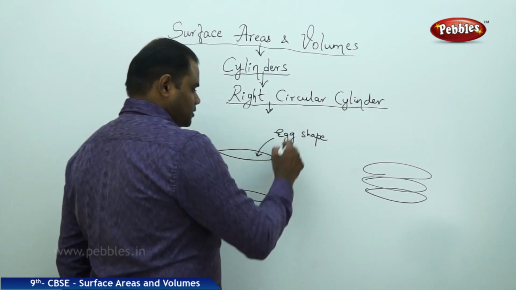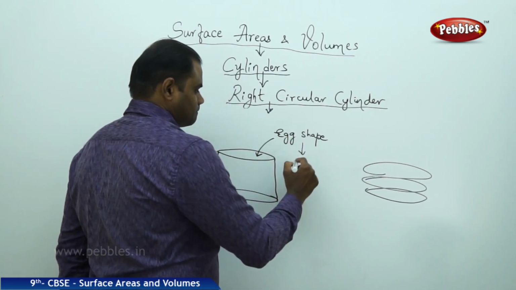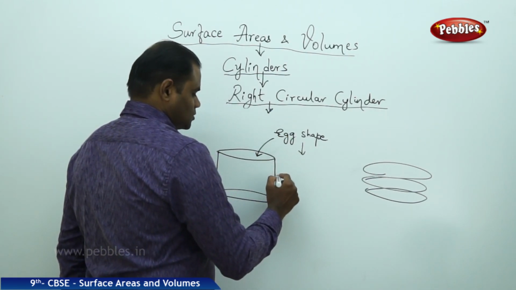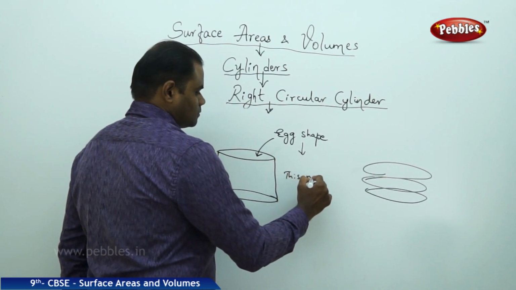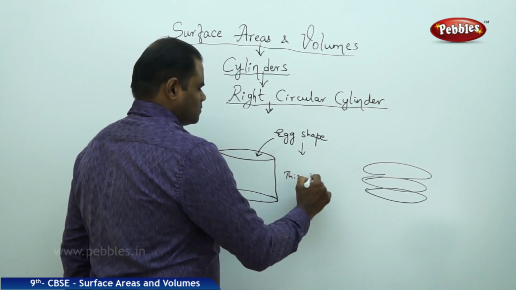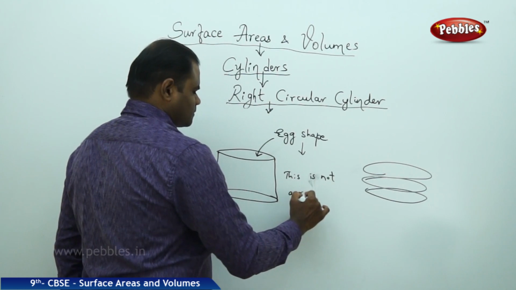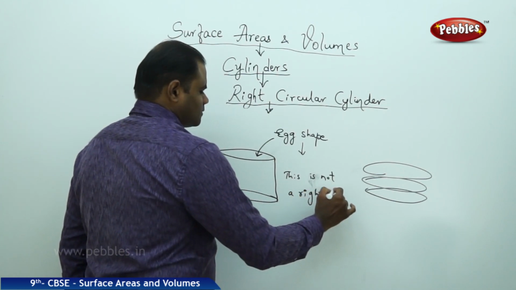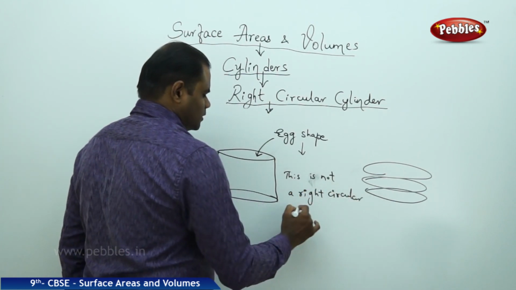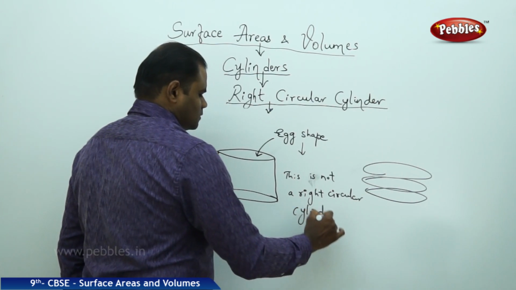So if this is an egg shape, then this is not a right circular cylinder.